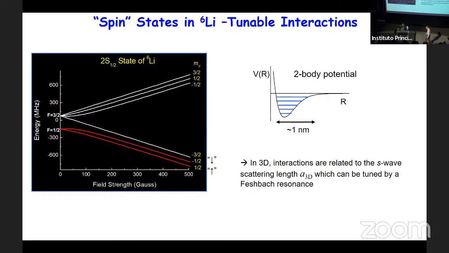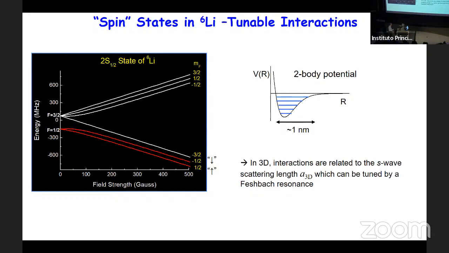So this is what the S-wave interactions look like. They interact with a two-body potential, with two S states colliding in their electronic ground state. That interaction potential is a van der Waals interaction. It goes like 1/r⁶. That van der Waals interaction is relatively short range, of order a nanometer or so, which in comparison to the de Broglie wavelength at these ultra-cold, microkelvin temperatures is really tiny, about a factor of 1,000 less than the de Broglie wavelength.